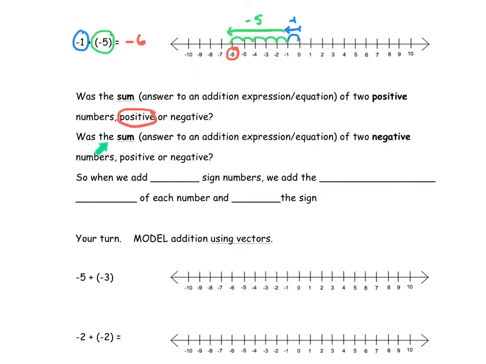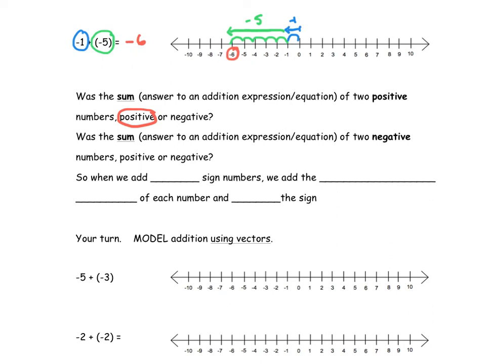Next, it asks what was the sum, which is an answer, a sum means an answer to an addition expression or equation, of 2 negative numbers, positive or negative. Well, if I look at this, I just got done doing it. We just got done working on this together, and we added 2 negatives, and we got a negative answer, and that happened to the one above.